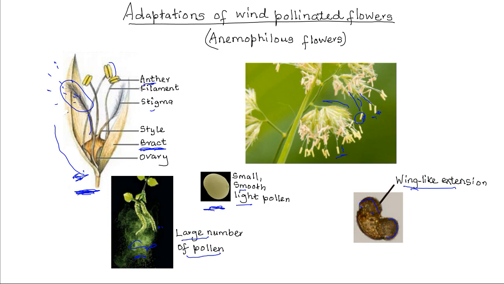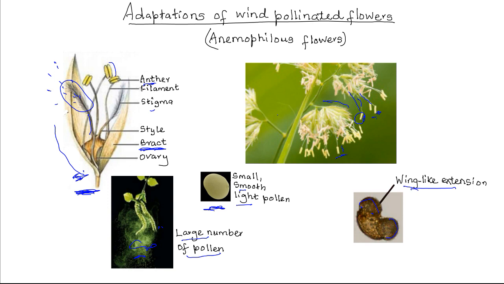And also, the flowers that are wind-pollinated tend to have long stalks. That is, the flowers are borne on long stalks that are well above the other leaves so as not to be sheltered or protected from the wind.